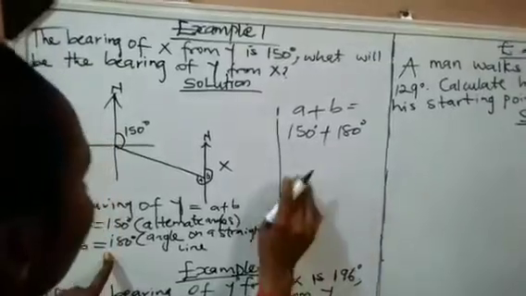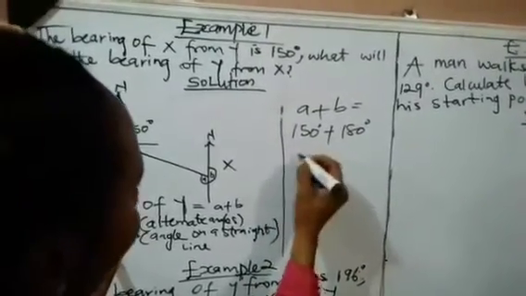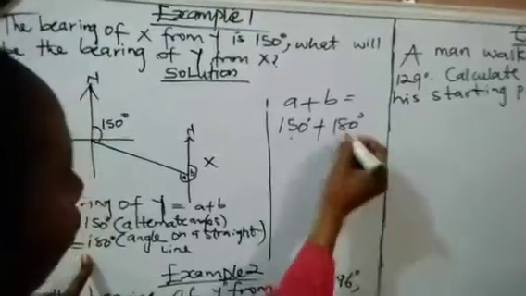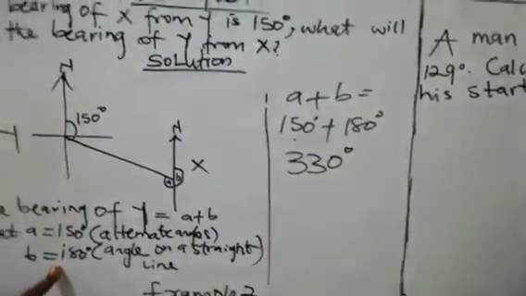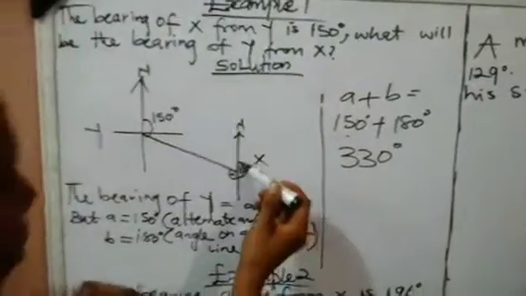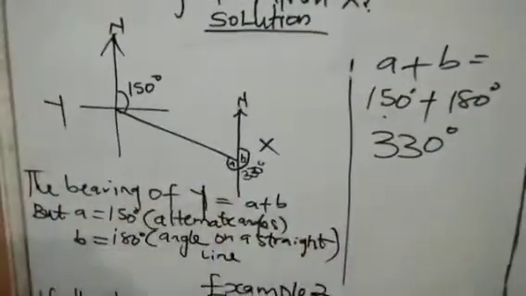Adding both numbers together, this plus this will give us 330 degrees. Therefore, the bearing from here to here will be 330 degrees.